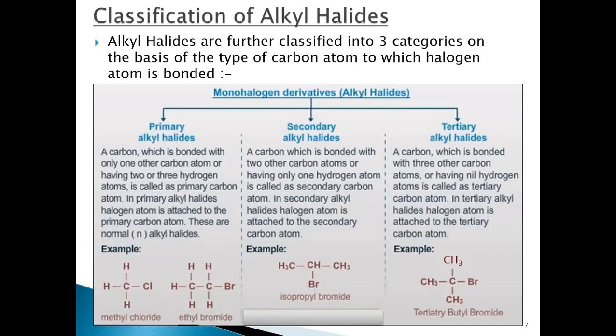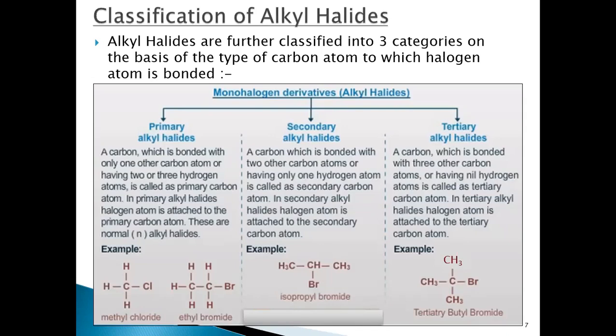See in this example, methyl chloride. There you can see the carbon is attached with 3 hydrogens and only one hydrogen is replaced by chlorine. But this carbon has how many hydrogens? 3. Means it is a primary carbon. Therefore, this is an example of primary alkyl halide because the halogen is attached to a carbon which is primary.